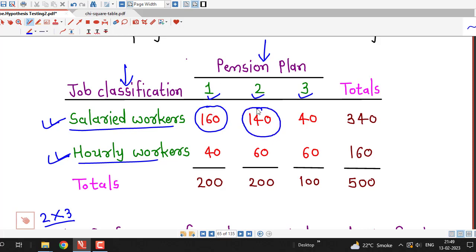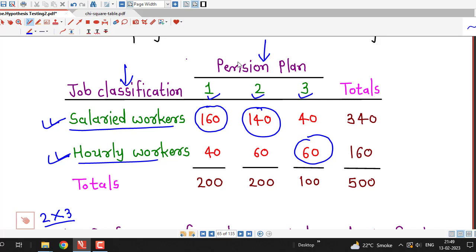Similarly, 140 workers are salaried workers interested in pension plan number 2, and similarly for other categories. There are 60 workers whose job classification is hourly workers and who are interested in pension plan number 3.